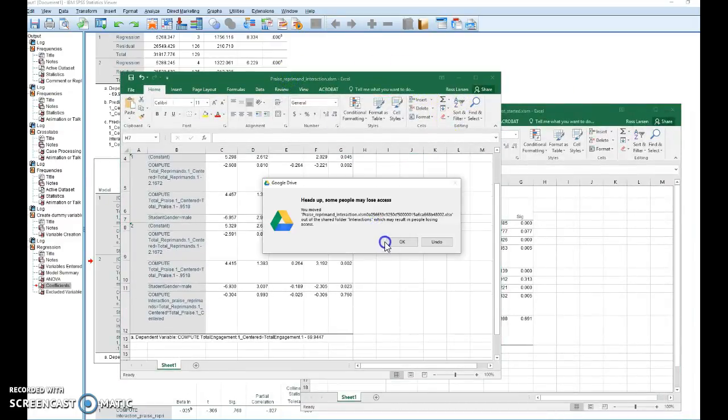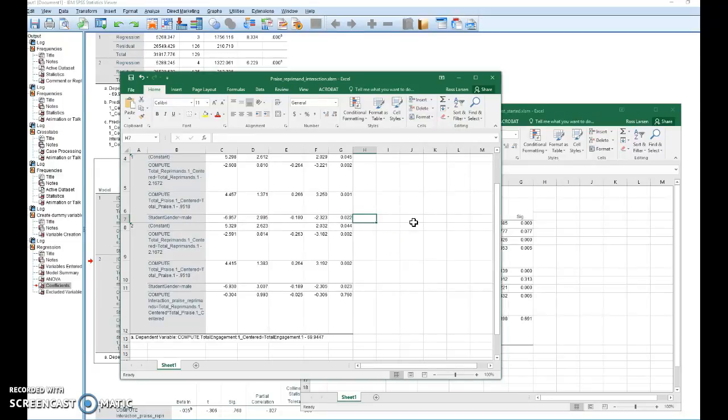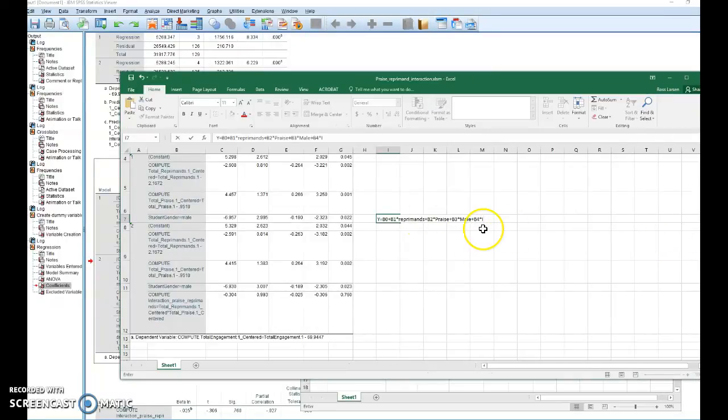Here's my model. I'm going to write down my model again like I've always done. Y equals beta naught plus beta 1 times reprimands plus beta 2 times praise plus beta 3 times gender or male plus beta 4 times the interaction between praise and reprimands.